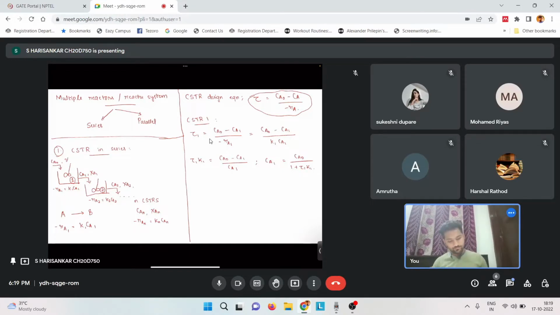How do we do it? We just take this CA1 outside from this right hand side, and we'll have the CA0 term in the bracket, and we just take it to this side, just a rearrangement basically. So we'll have an equation CA1, which is equal to CA0 by 1 plus tau 1 K1. Is this fine?